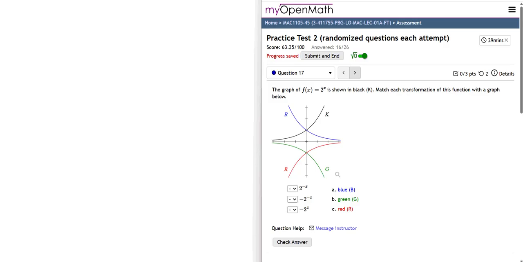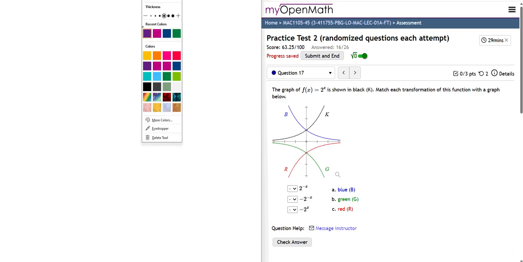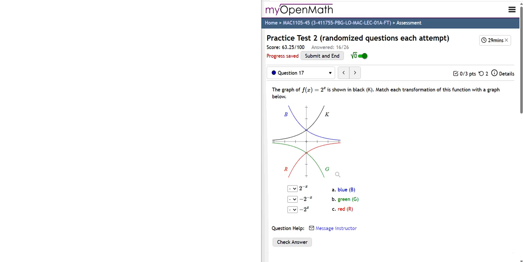So exponential, start with this, exponential functions, the basic or the toolkit or the parent function is y, or you could write f of x, equals some base to the power of x.